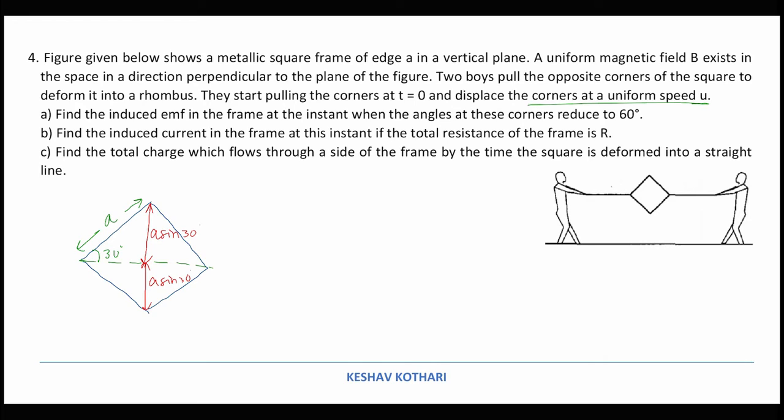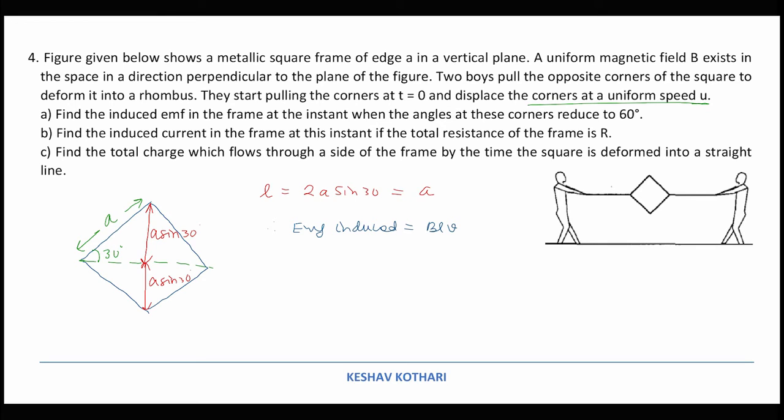So the perpendicular length is going to be equal to 2a sine 30. Sine 30 is half, so the value is equal to a. Now the EMF induced can be calculated in this way. EMF induced is going to be equal to BLV. This is the formulation which we use.